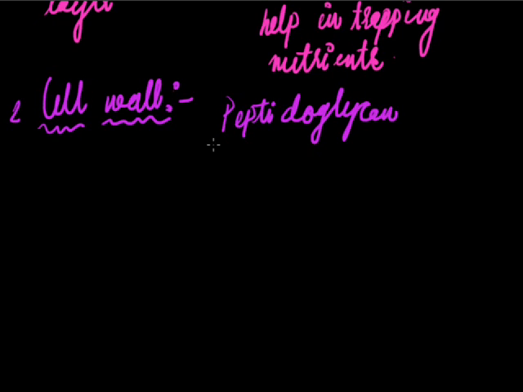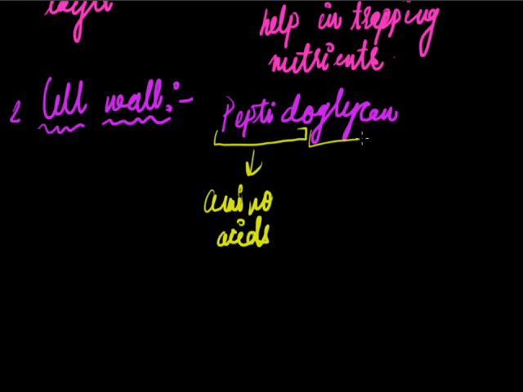As the name suggests, it has a peptide portion made up of amino acids, and a glycan portion, which is the sugar portion. There are two types of sugar present in the cell wall of bacteria.